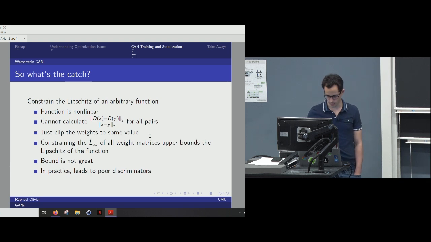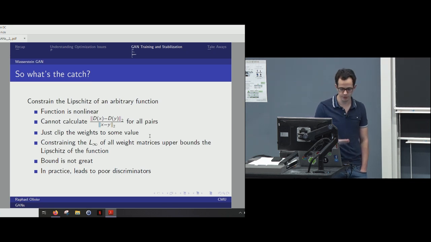And kind of like VAEs, they solve an upper bound of the problem instead of the problem itself. But as it turns out, this is way, way too loose of a bound, and it gets terrible results, which is why the Wasserstein-GAN paper has very good theory, but terrible results, as opposed to all of the other GAN papers.